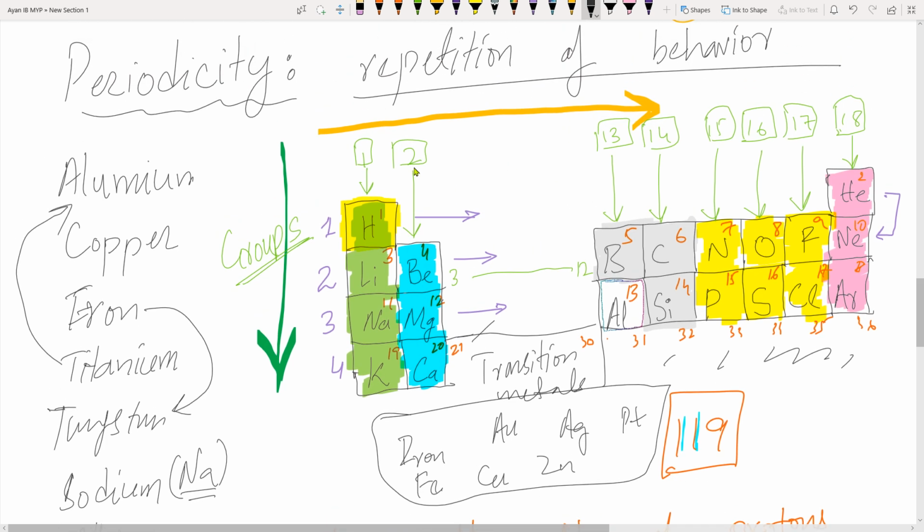Now these are arranged in increasing order of their atomic number, and the behavior is actually repetitive down the group. So if I have fluorine, then underneath fluorine is going to be bromine, Br. I was talking about that. Bromine is also poisonous. It is a brownish gas.